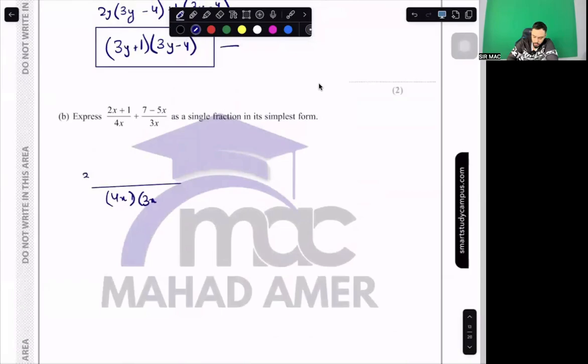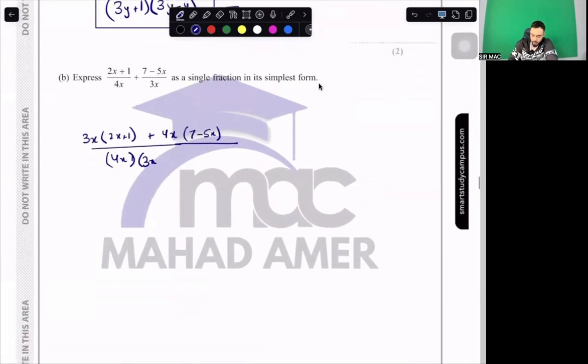So 3x will be multiplied by 2x plus 1, and 4x will be multiplied by 7 minus 5x. So it's going to be 6x squared plus 3x plus 7 fours are 28, 28x minus 20x squared over 12x squared.